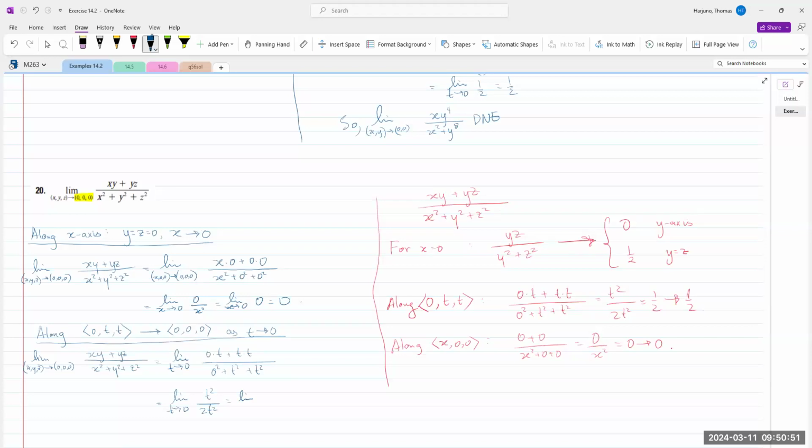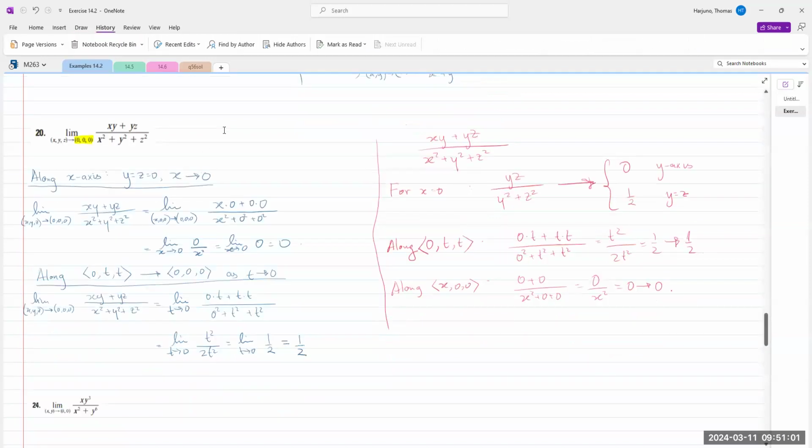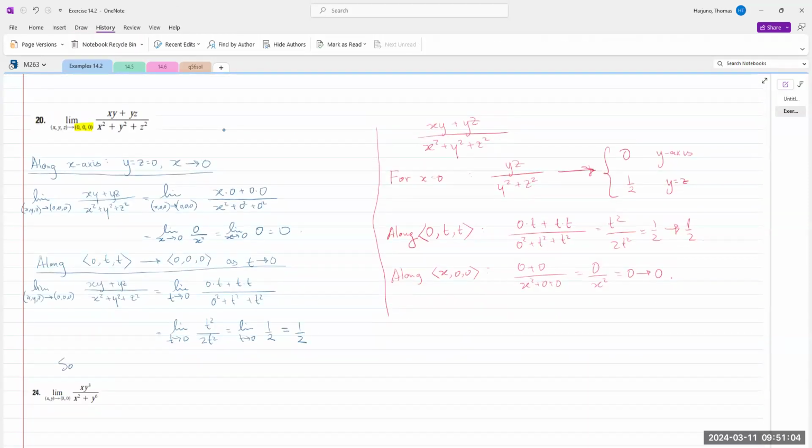We cancel the t squared because t is not 0 yet. We get 1/2. Then we send t approaching 0. It is still 1/2. Okay, so the limit of (xy + yz) over (x squared + y squared + z squared) does not exist. Number 24.